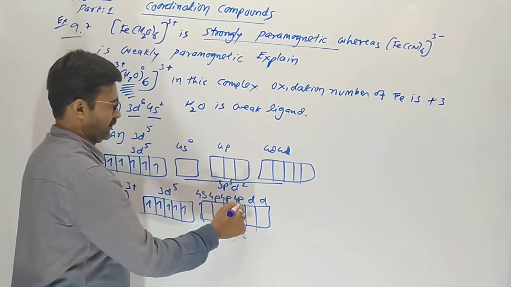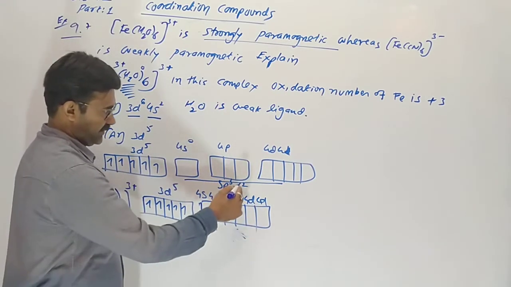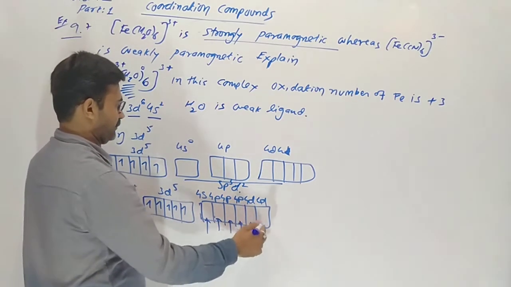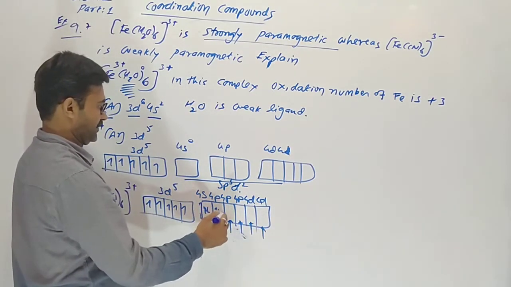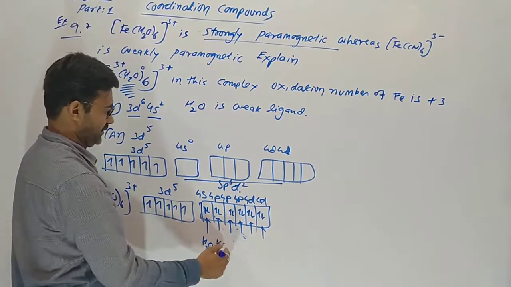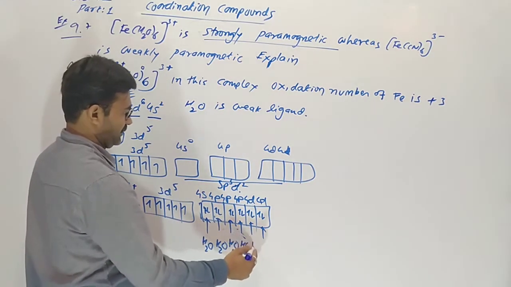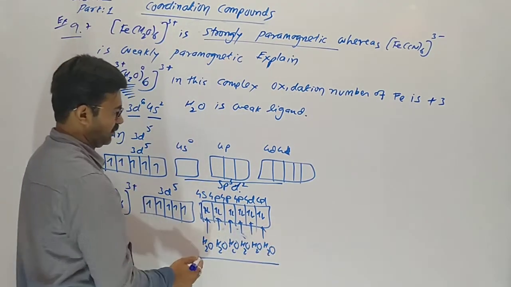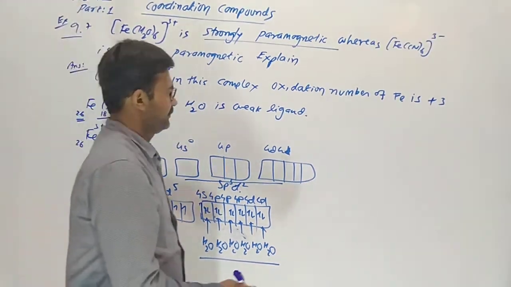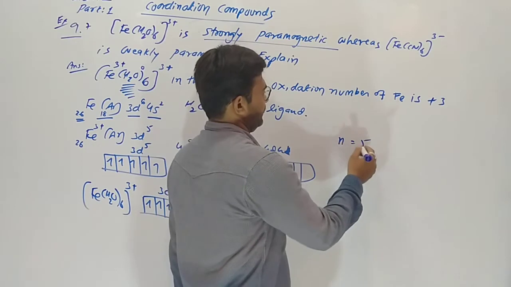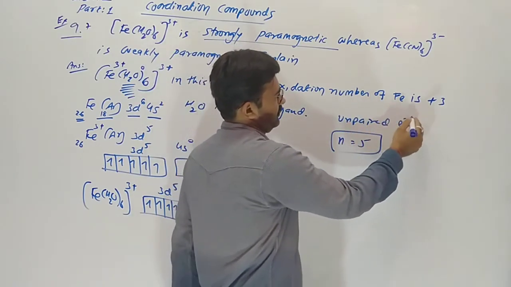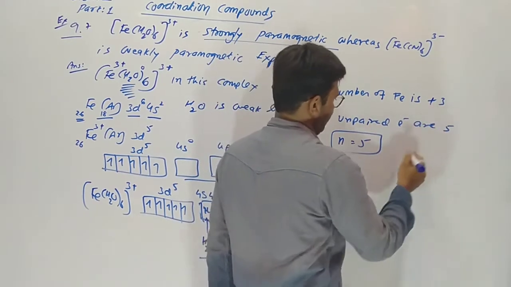4s, 4p, 4p, 4p and 2 4d. This is sp3d2 and it gains electron pairs from these 6 molecules of water, which is the ligand. So 6 coordinate covalent bonds occur here. So the geometry will be octahedral, and here the number of unpaired electrons is 5.